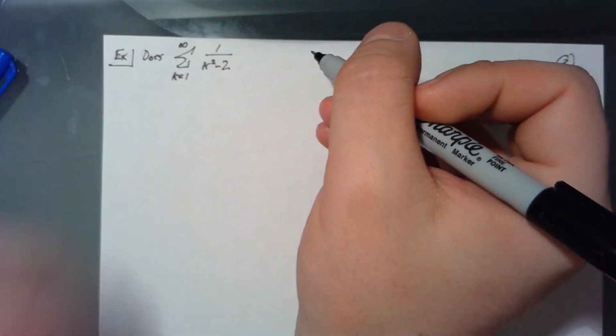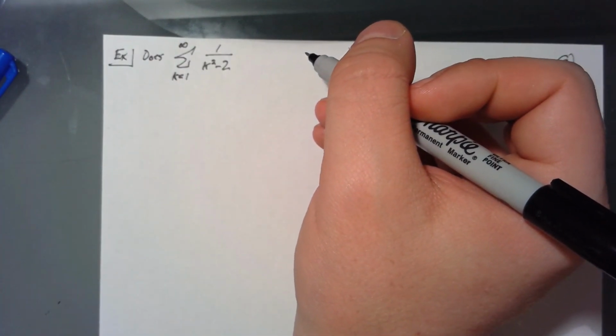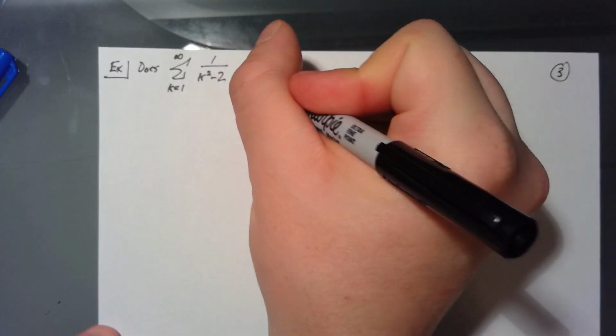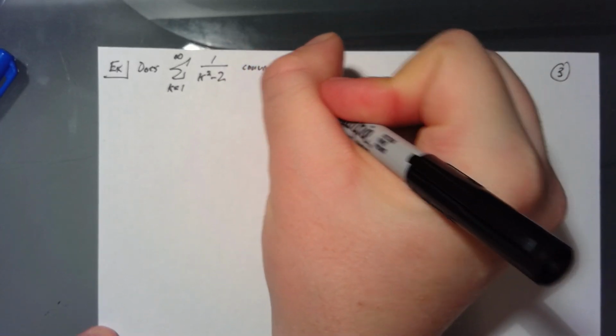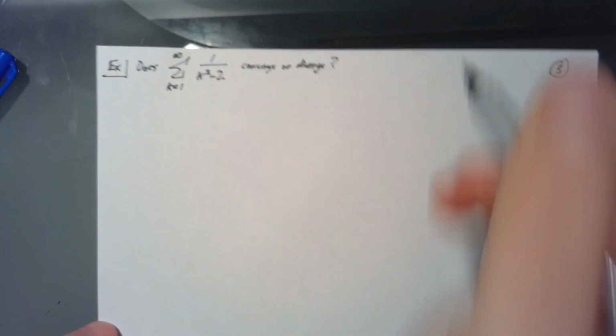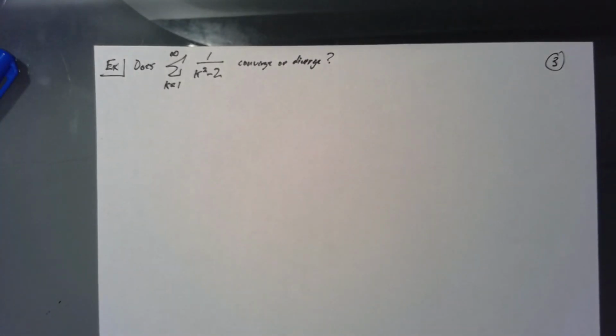Does this 1 over k squared minus 2 converge? Does that series converge or diverge? All right.